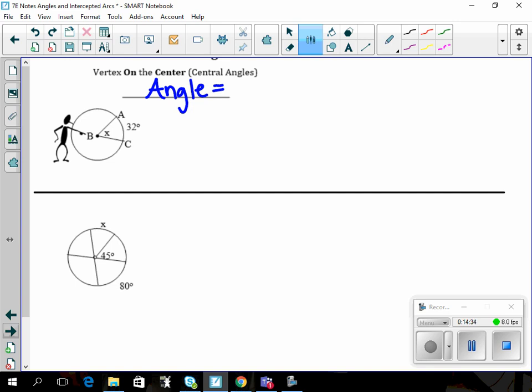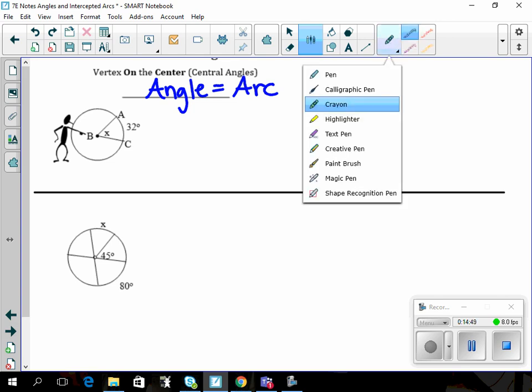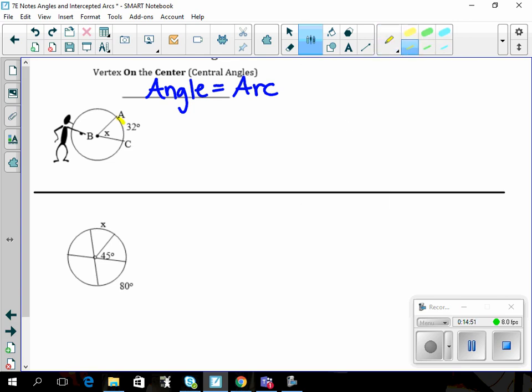In central angles, the angle is simply equal to the arc measure. Now, I said arc measure, not arc length. Remember that this particular intercepted arc right here is 32 degrees. Now it has a length where I could take a piece of string and wrap it around and measure the length of the string, but that's a different problem.